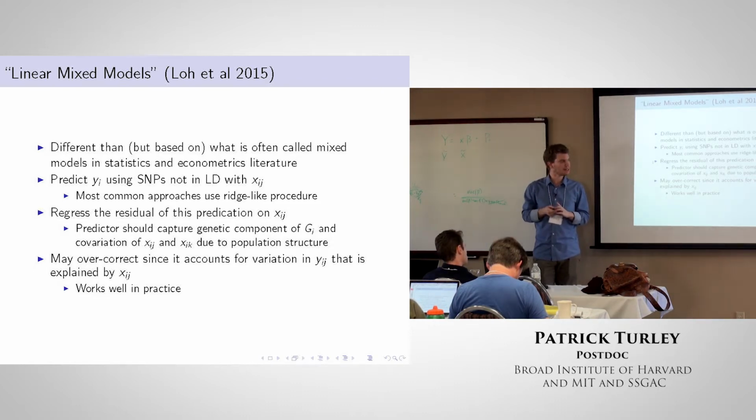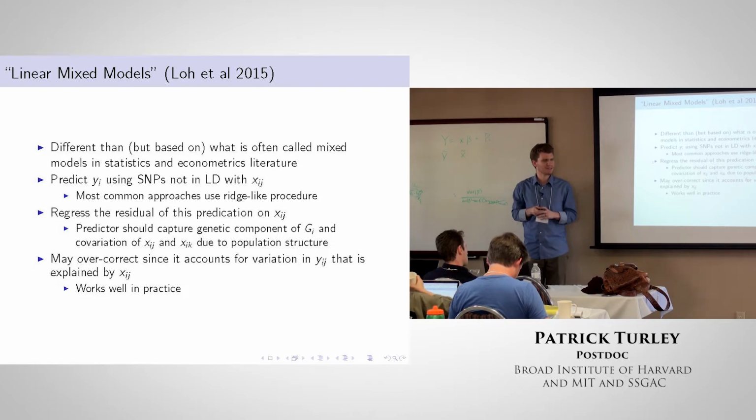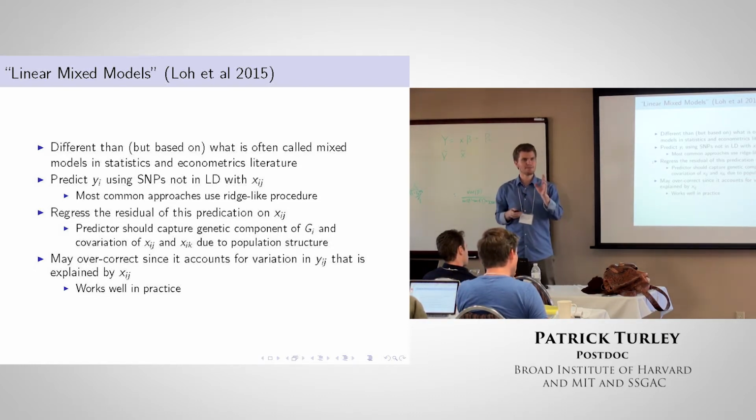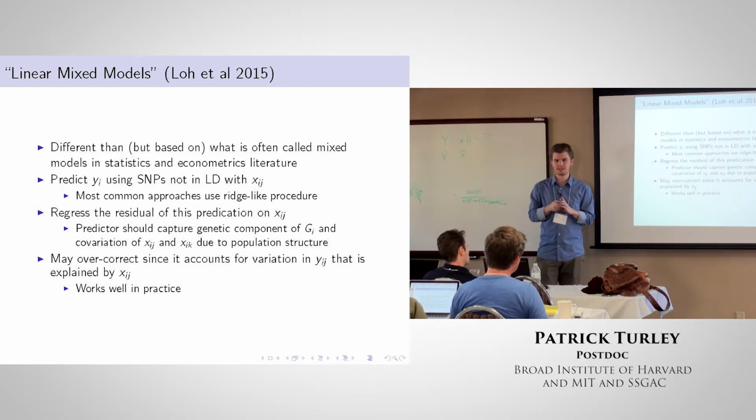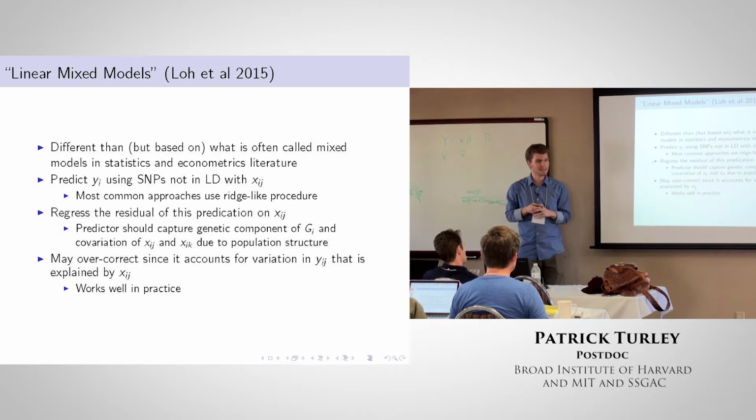This is different than what we call mixed linear models in economics. I don't know about other fields if they call mixed linear models something else. But there's something to keep in mind: when you see mixed linear models in different contexts, it can mean slightly different things. But in genetics papers, if they say that they've run a mixed linear model, they've done a variation of the thing I described.